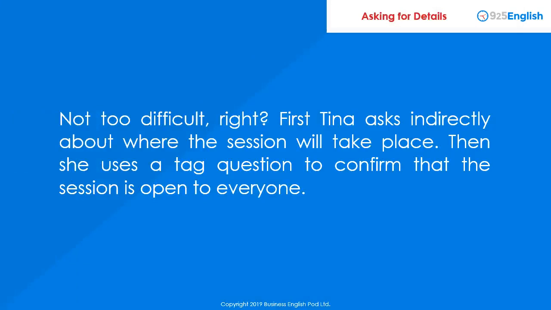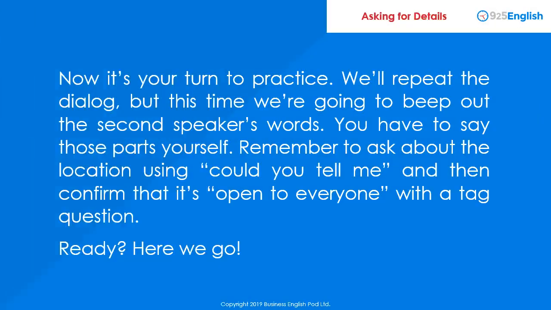Not too difficult, right? First, Tina asks indirectly about where the session will take place. Then, she uses a tag question to confirm that the session is open to everyone. Now, it's your turn to practice.